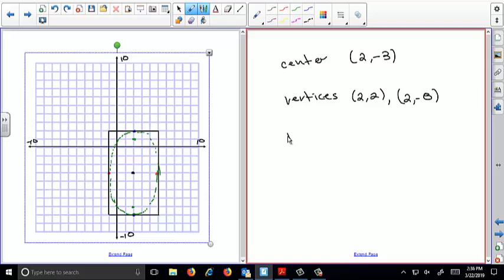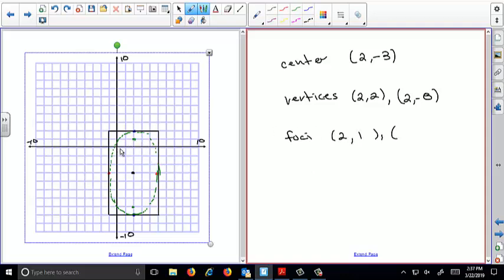The foci, those are the green points, they're still along x equals 2. The center's along 2. The vertices are along 2. The only thing that's not along 2 is these points on the minor axis. Okay, so I'm on this green point. So I go 1, 2, 1. So that's 2, 1.